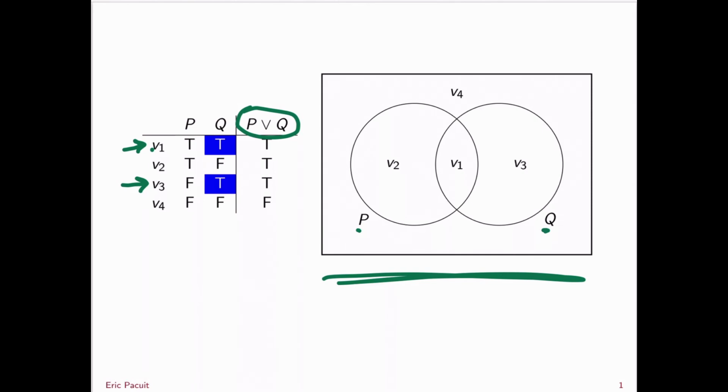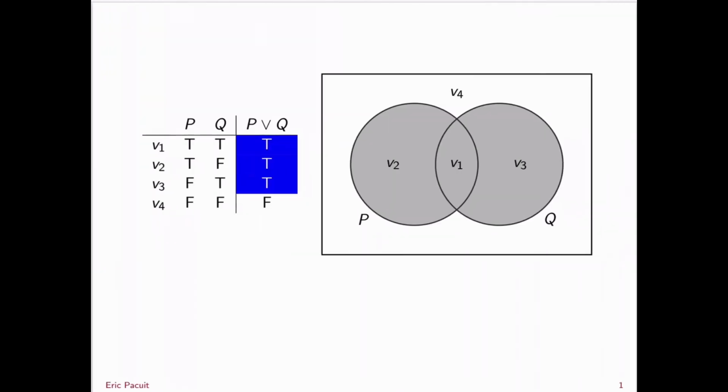In other words, we're going to shade the situations that make P or Q true. So we shade inside of P and inside of Q, and of course inside of both P and Q. Why? Because in the situation V1, which corresponds to the first row of the truth table, P or Q is true. Same for V2, corresponding to the 2nd row, and V3, corresponding to the 3rd row.